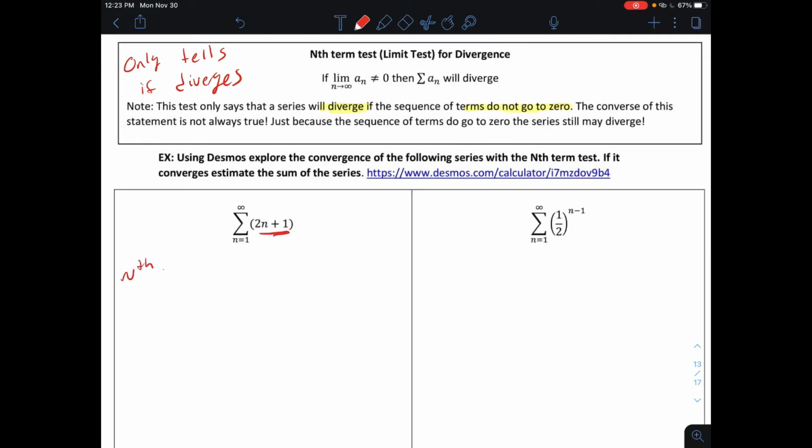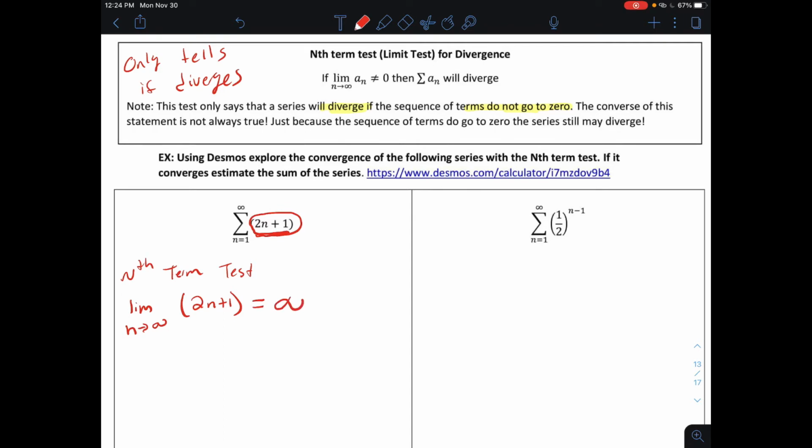So the Nth Term Test, or the limit test, is basically saying take what is inside of the series here and evaluate the limit as n approaches infinity of 2n plus 1. Well, as I start increasing the size of n, 2 times n plus 1 is going to continue to get larger and larger and larger, which means it's going to be approaching infinity.